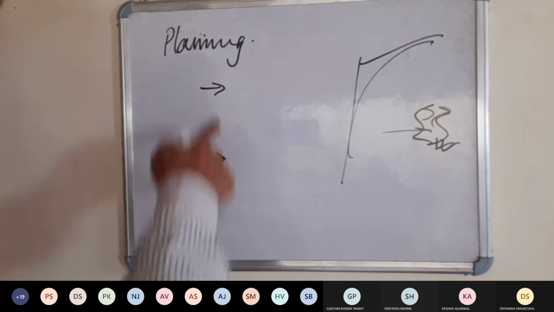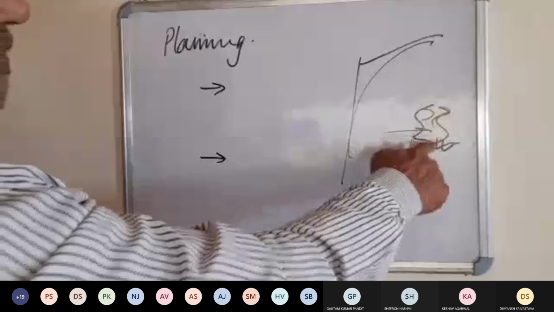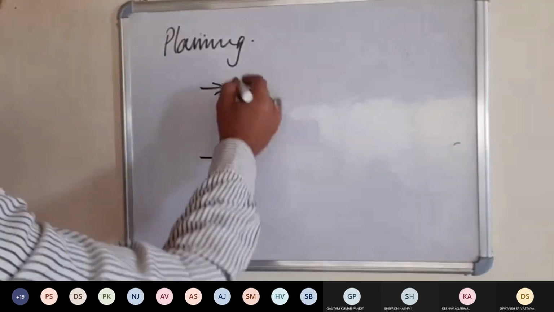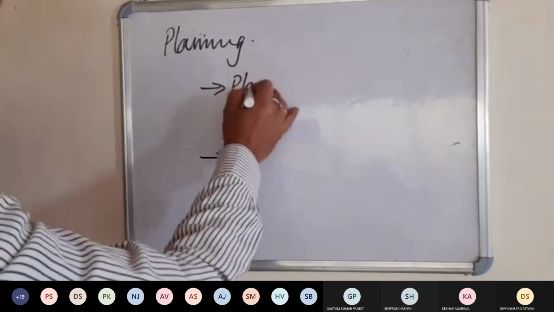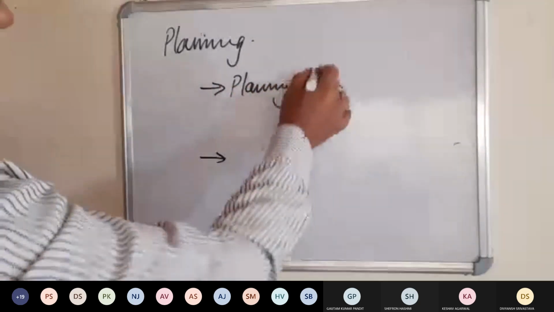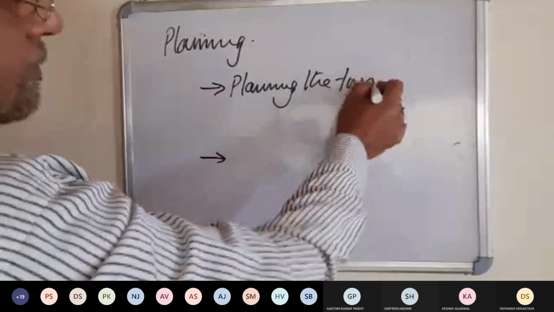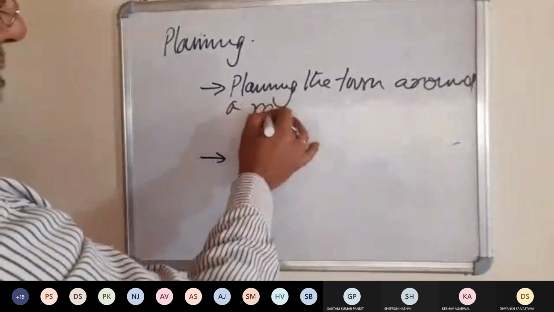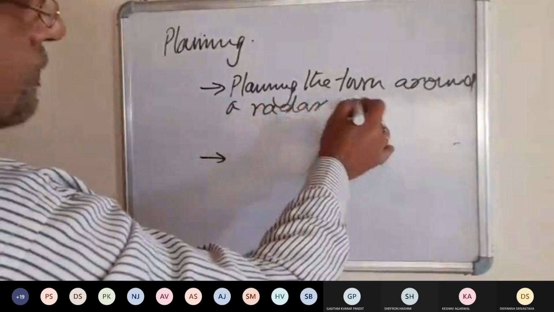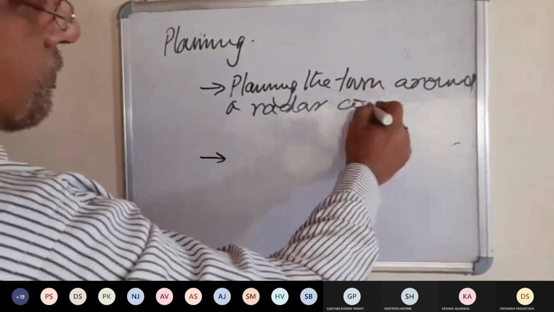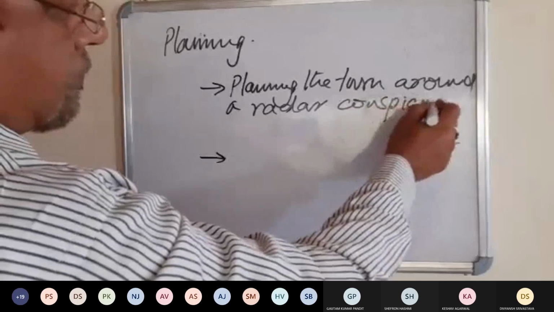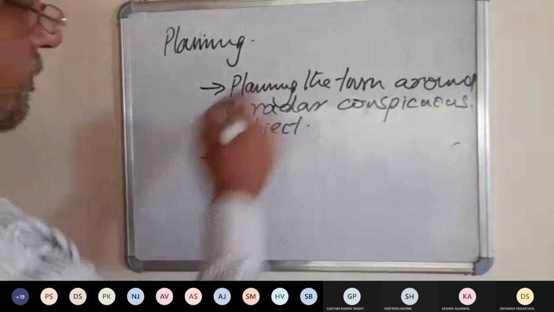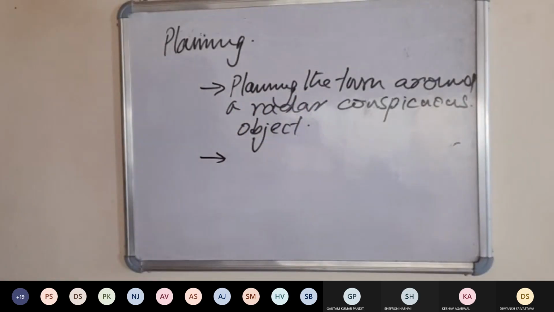So first condition of planning will be when you can see a radar object. So the first one is planning the turn around a radar conspicuous object, something that you can see on the radar.